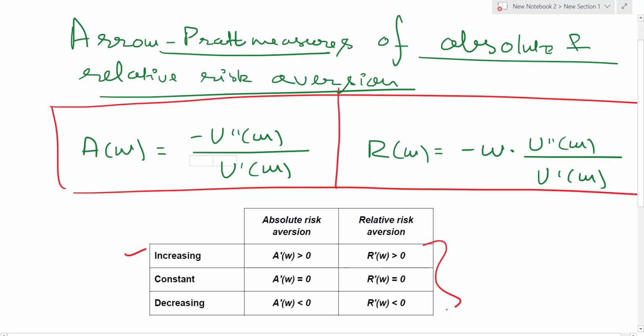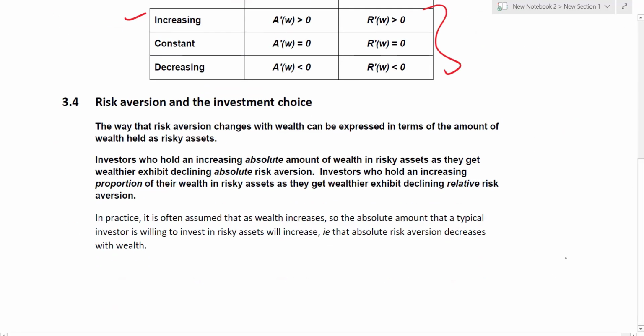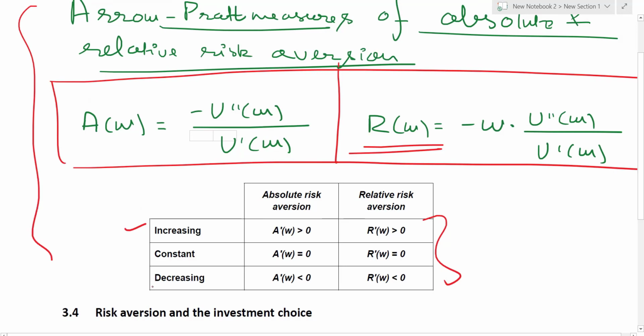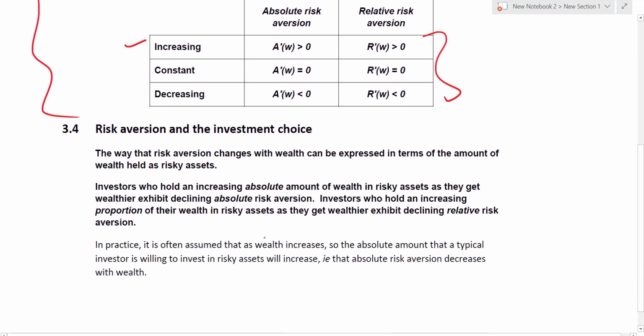Okay, same is true for relative risk aversion, just that you'll be using the measure for relative risk aversion, which is this. So this is very simple. We'll see a couple of questions on this when we get into the types of utility functions, which is the next section. But before that, in practice, how do risk aversion and investment choice relate?